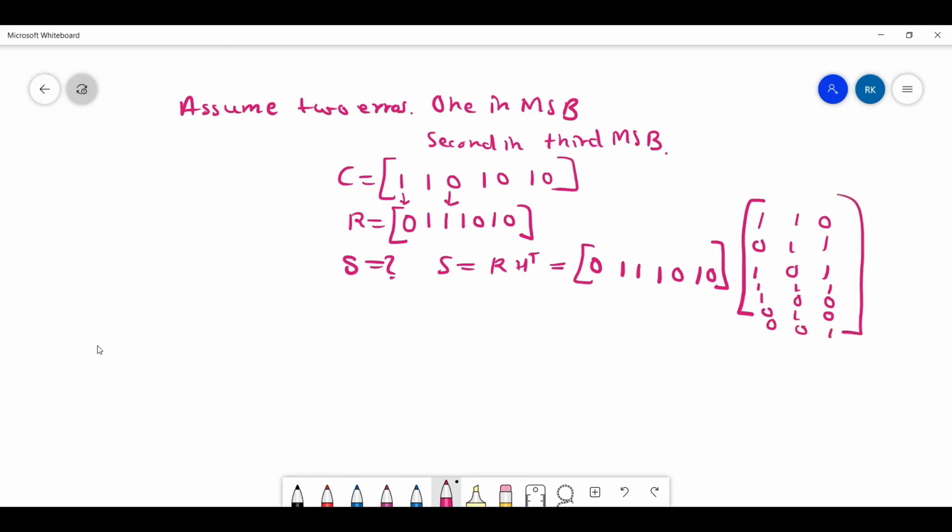So let's multiply it. We will get a three-element vector. So we have 0 1 1.